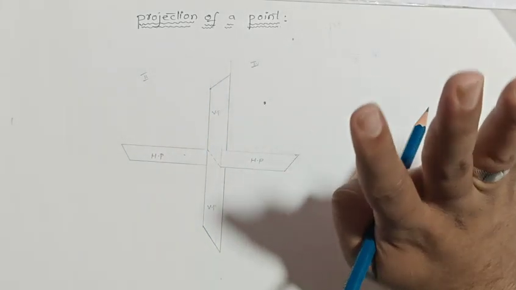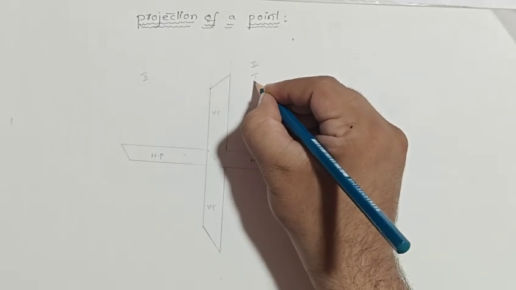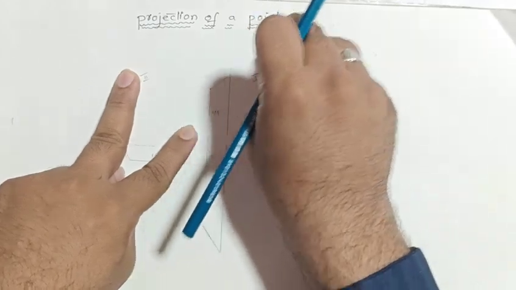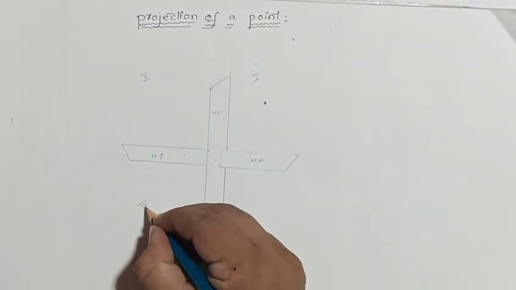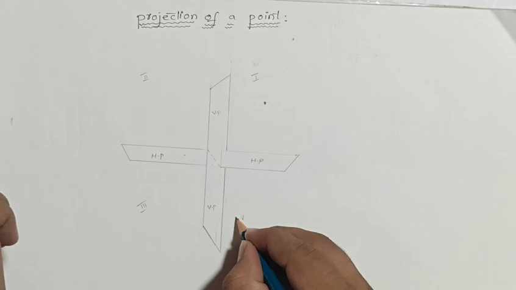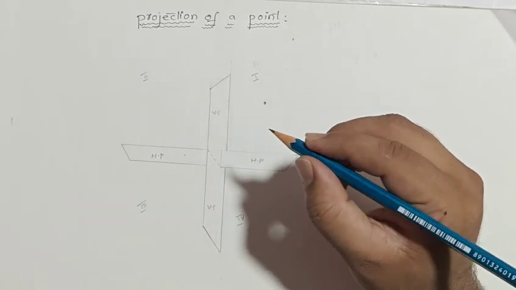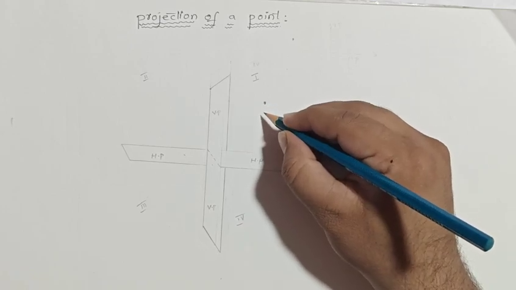Total we have the 4 coordinates. First coordinate, second coordinate and third coordinate and fourth coordinate. Clear? We need to find out the exact positions of a point where it lies.